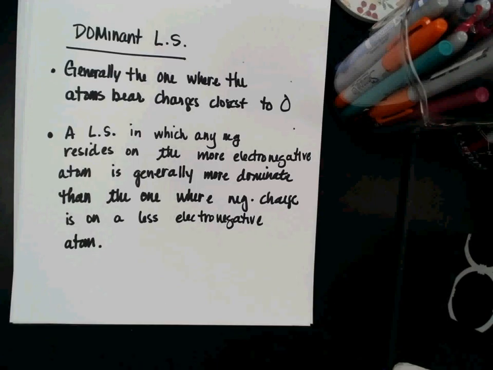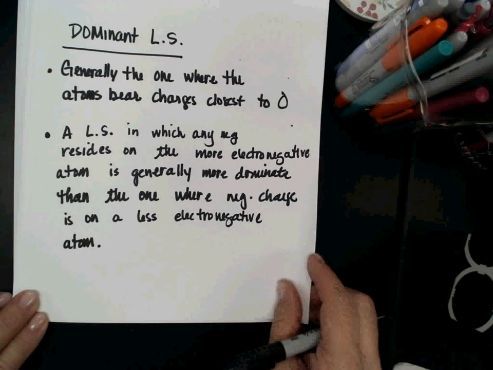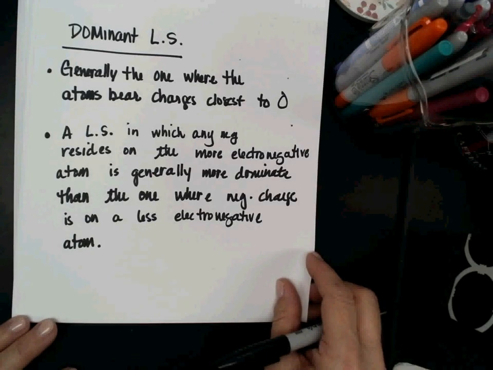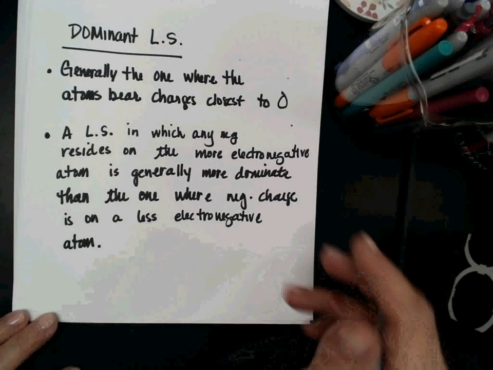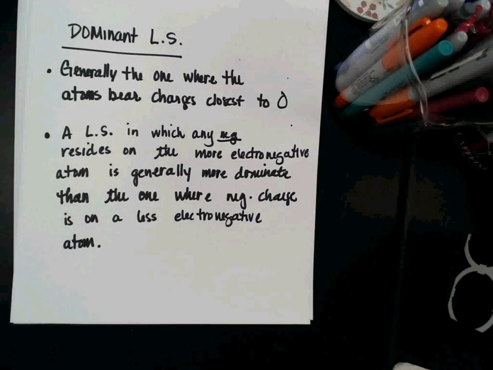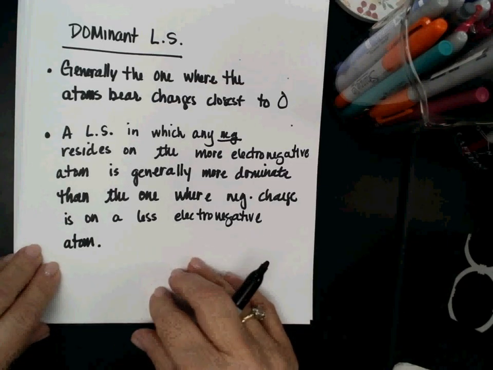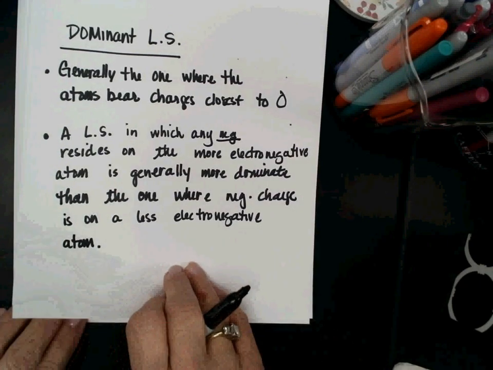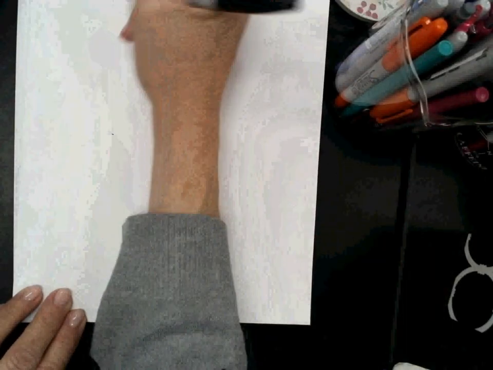If you have negative charge on a couple different atoms, you're going to have to figure out which one is more electronegative. The one that's more electronegative is generally going to be your dominant. Is that a Lewis structure in which any negative resides, or any what? Any negative, yeah. Like you might get a 1 minus or 2 minus on one atom and a 2 plus on another. You'll see we're going to do one.